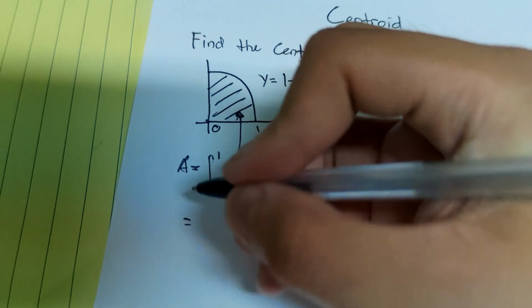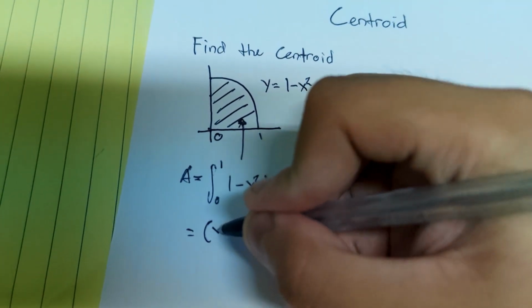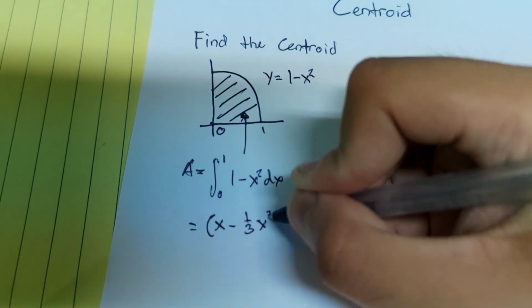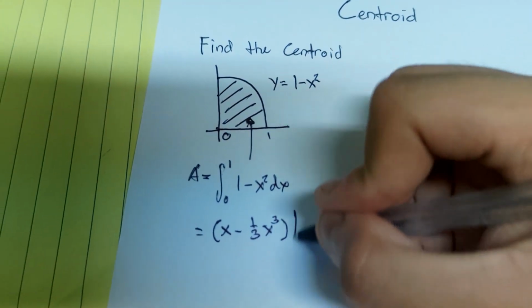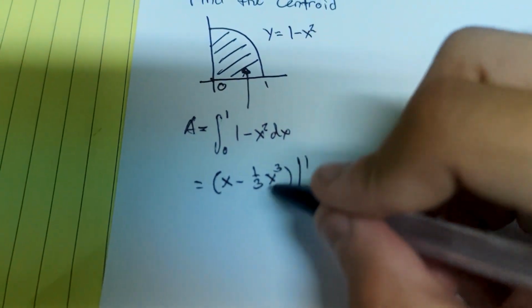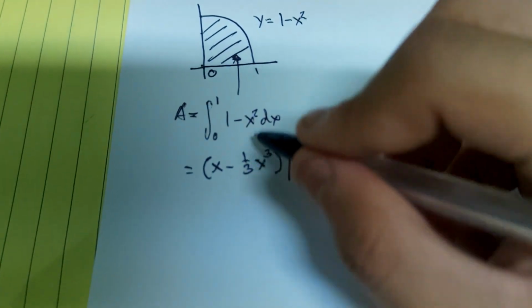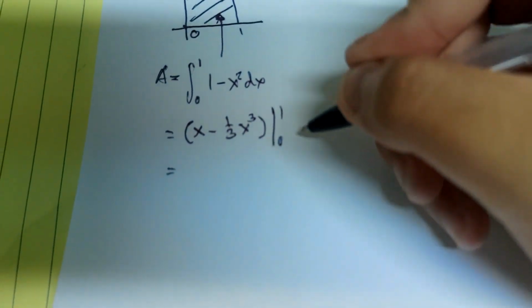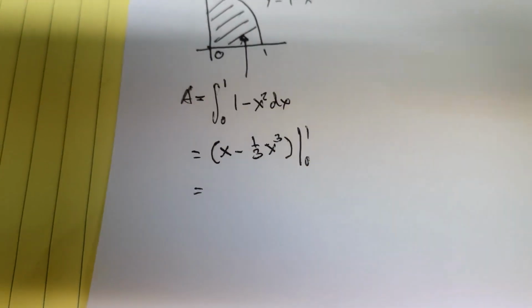So here we can plug in our variables: x minus 1/3 x cubed with limits of 0 to 1. By using the power formula, you can find this 1/3, and then we can plug in our limits.